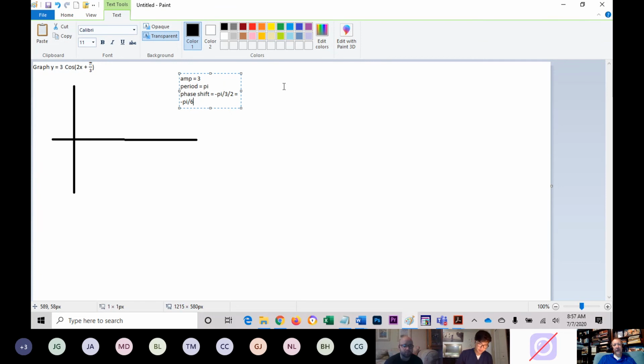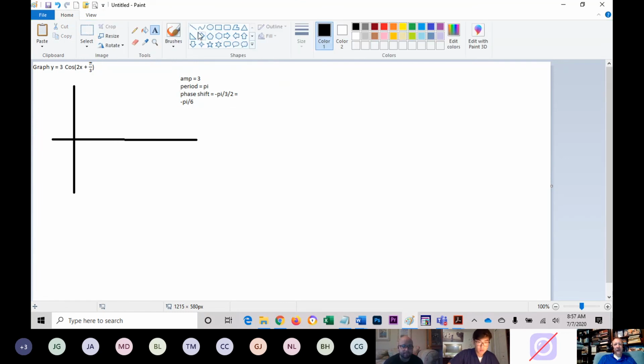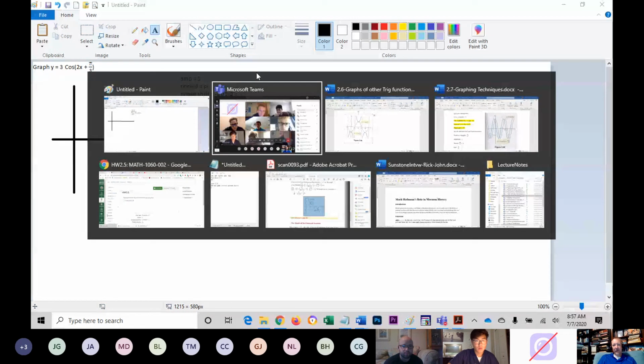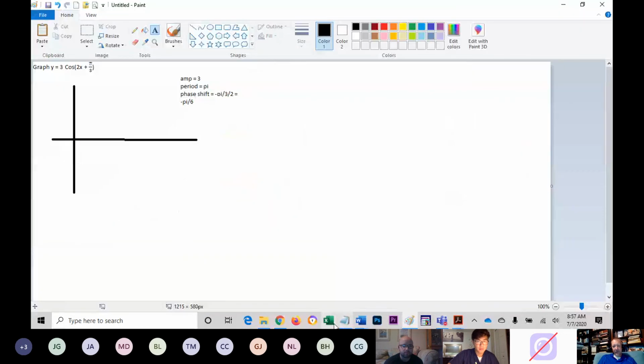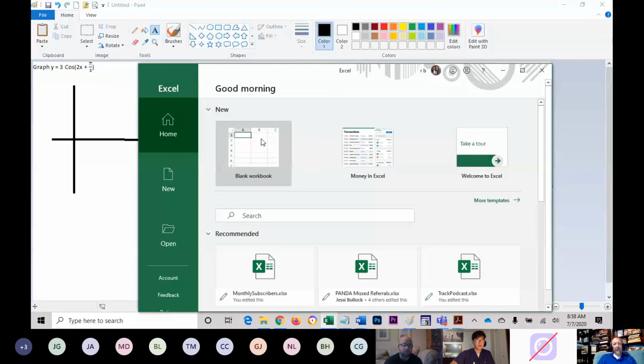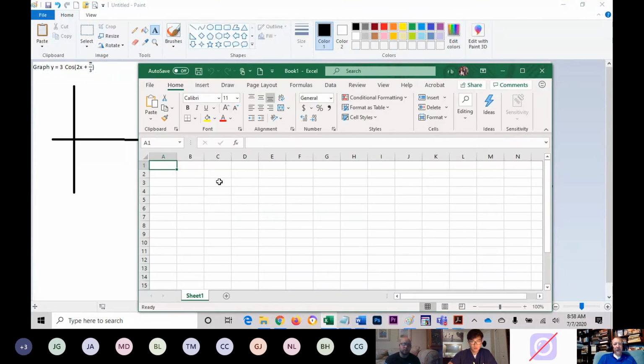Does that make sense? I guess so. I don't know why you'd flip it though. Okay, so let me see if I can write it this way. I'm going to use Excel for a second. So if I've got pi thirds, this is my fraction, pi thirds divided by 2.